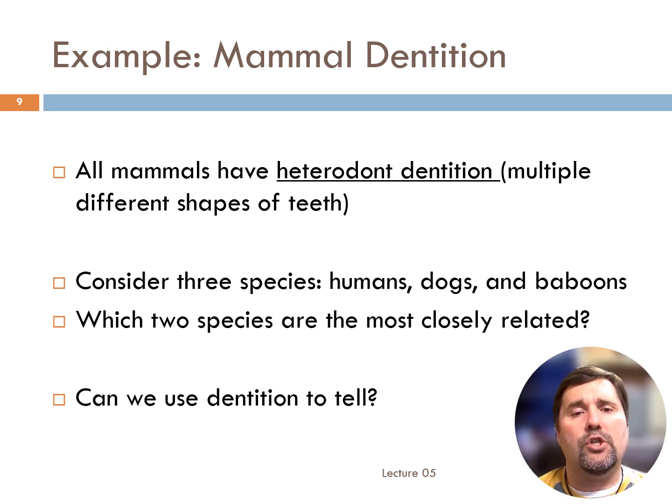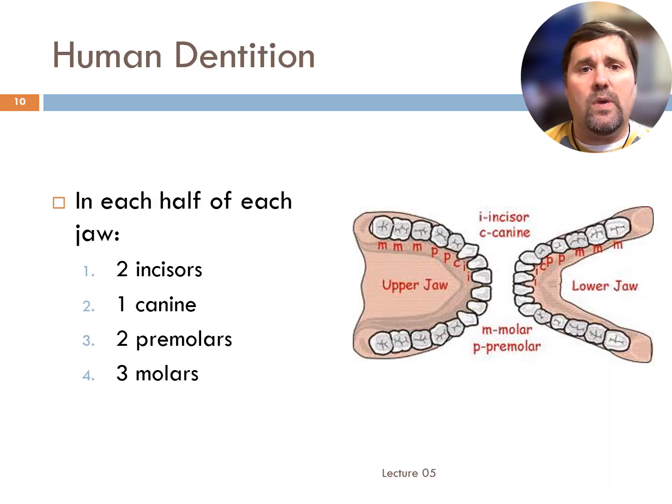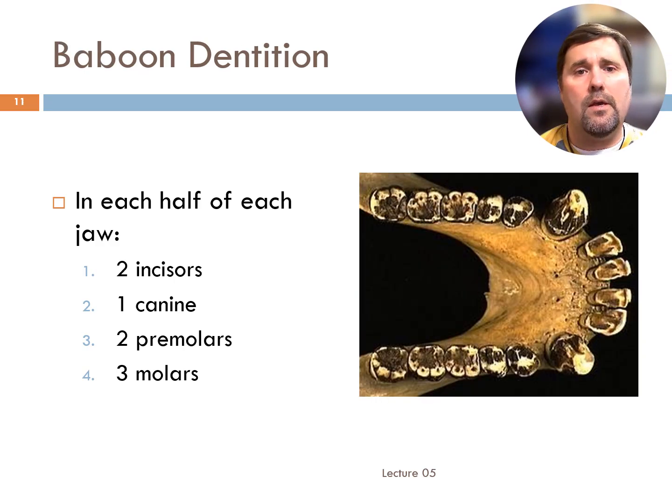But let's look for a shared derived trait: how many of each kind of tooth. We see that we have 2 incisors, 1 canine, 2 premolars, and 3 molars in each half of each jaw. This is called the dental formula for the species. Humans and baboons both have 2, 1, 2, 3.